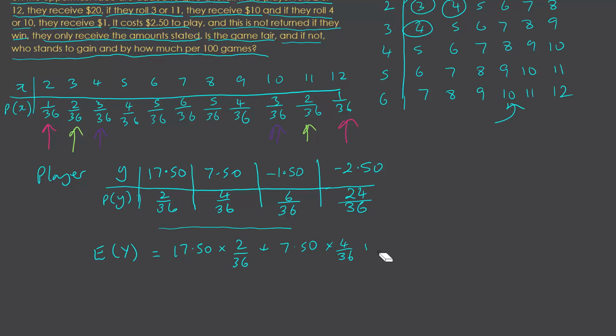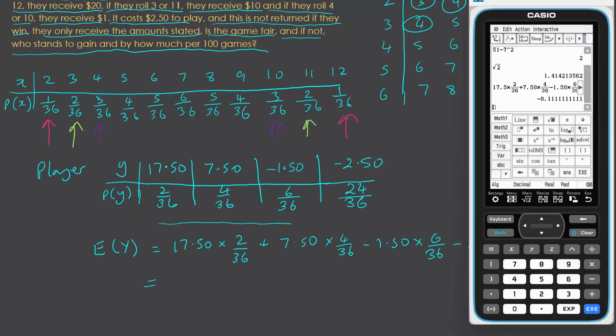Take away $1.50 times 6 over 36. Take away $2.50 times 24 over 36. So we can see that gives us negative 0.1 recurring.